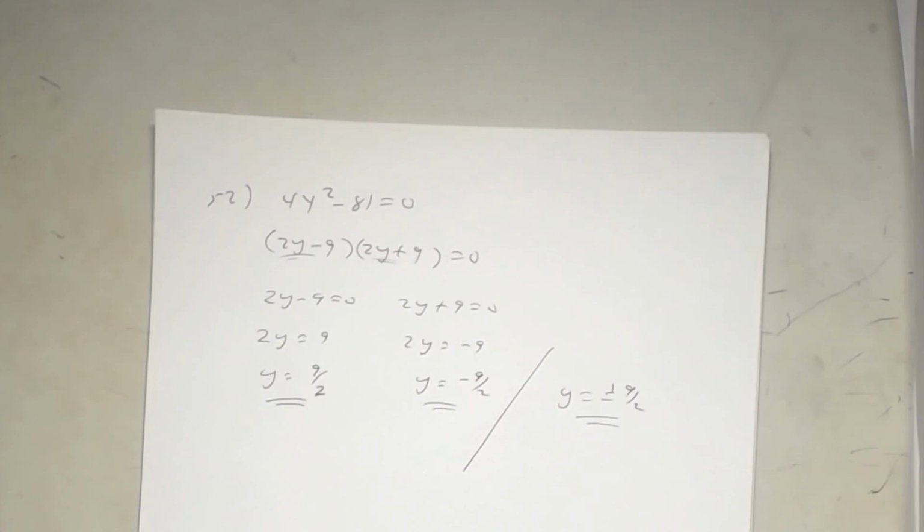It does not matter. They're the same, right? Your solutions are positive 9/2 or negative 9/2. I like that, because you only have to write a little bit less, saving yourself half a second. Hey, what if I need that half a second for something else? That's true.